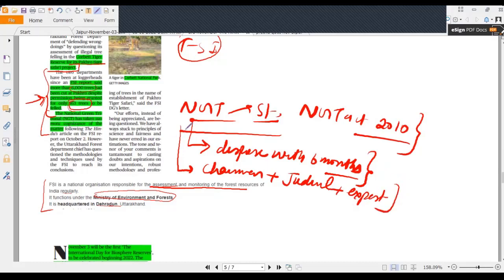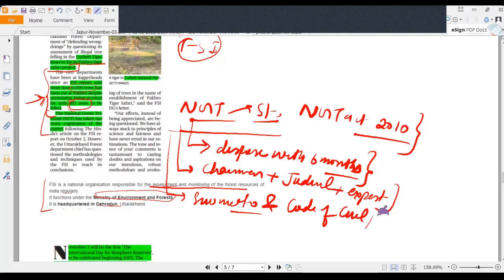Further, as we have seen, it can take suo motu cognizance and is not guided by Code of Civil Procedure 1908. It is not guided by this, rather it is guided by principles of natural justice. So these facts are important from prelims point of view.